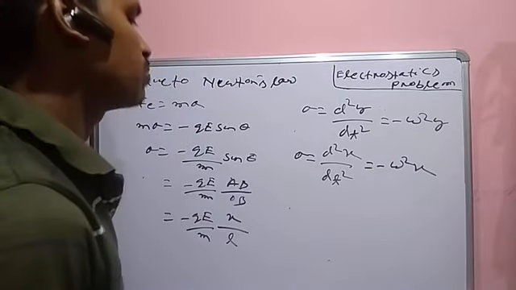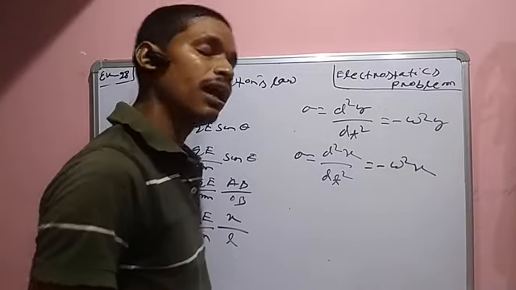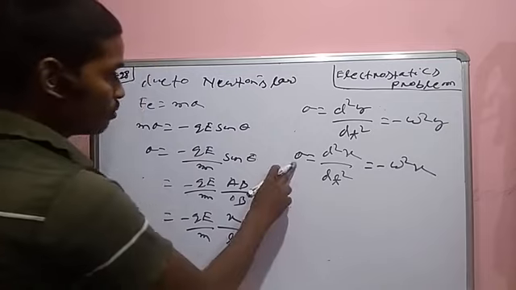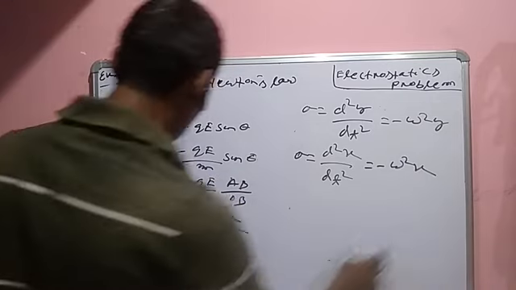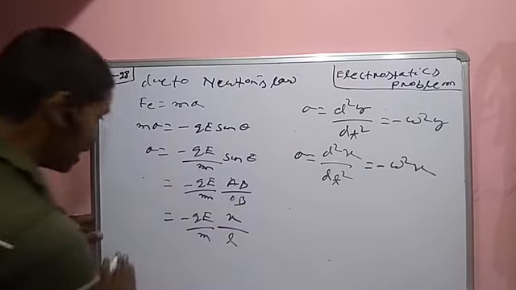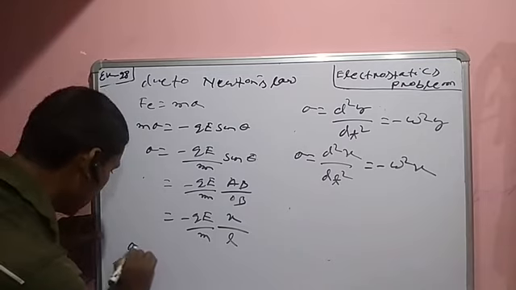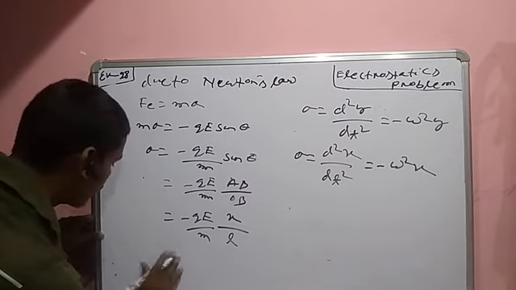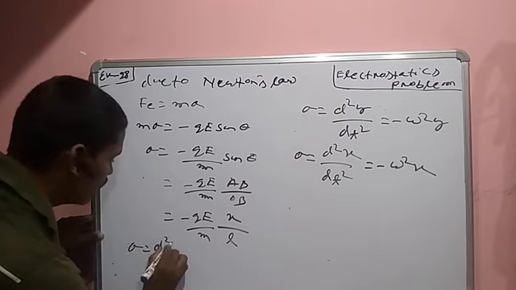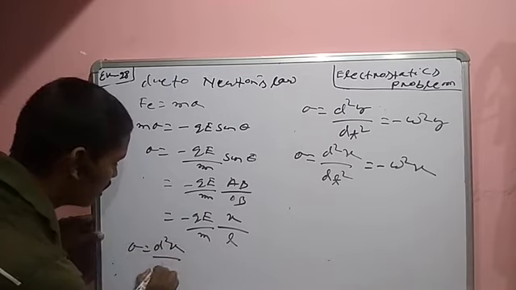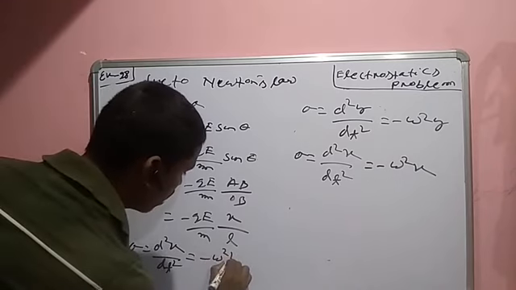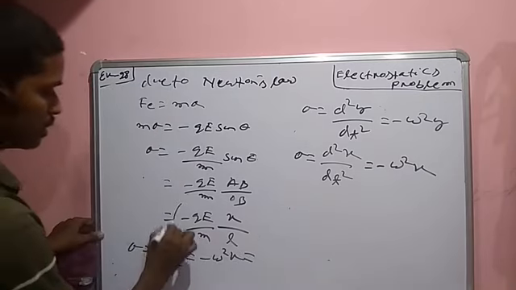Then A is equal to minus omega square x. So finally you can write down A is equal to d square x by dt square is equal to minus omega square x is equal to this.